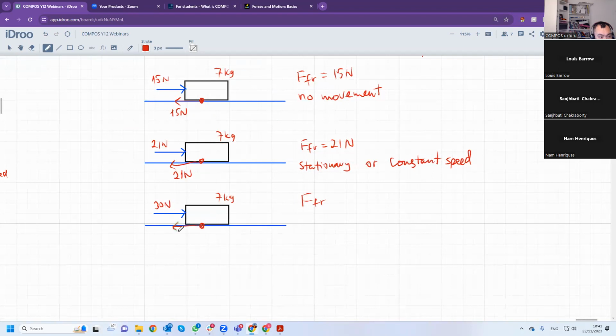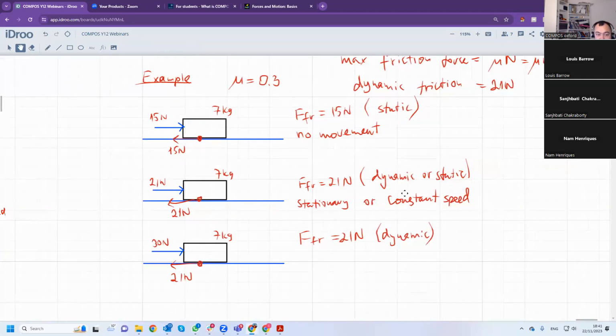So the friction force is 21 newtons. Dynamic. And this could be dynamic or static, and this is static. So this depends on whether it was moving initially or not. If it was moving initially, then it's dynamic. If it wasn't moving, then it's static.